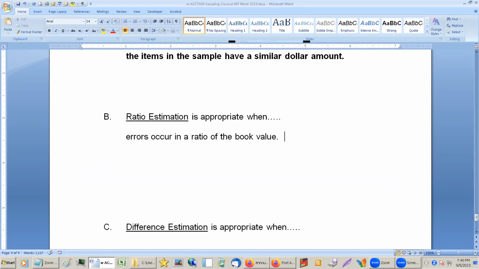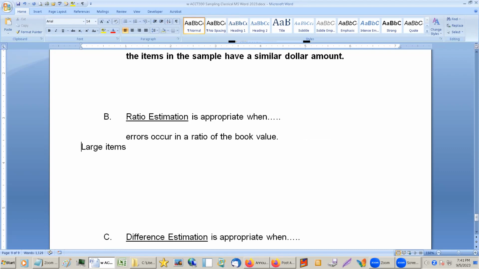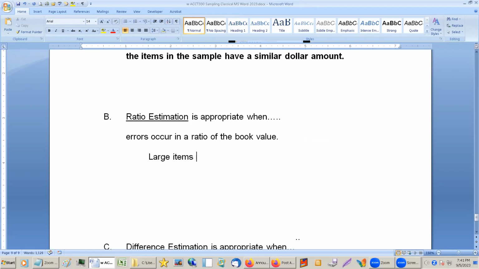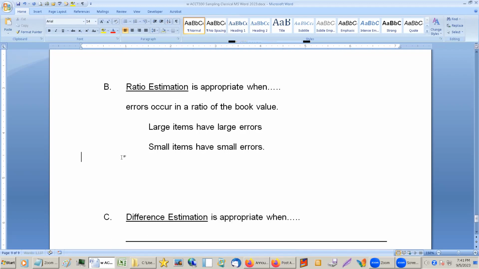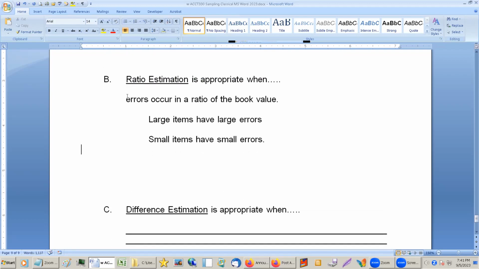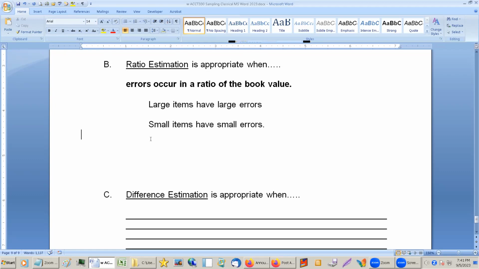In other words, large items have large errors, small items have small errors.